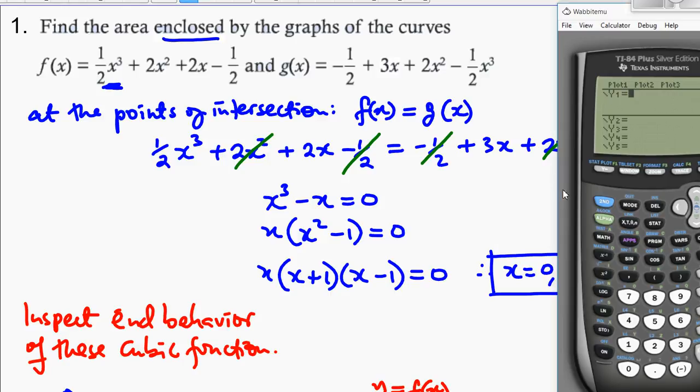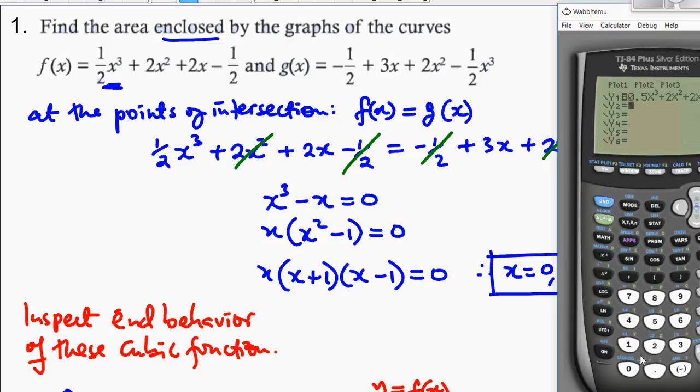So that will be 0.5 x to the power 3 plus 2x squared plus 2x minus 0.5.